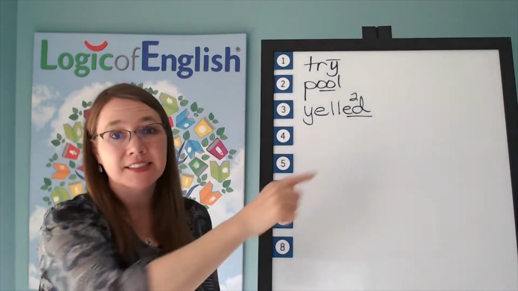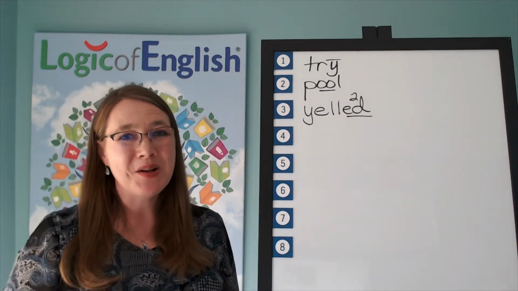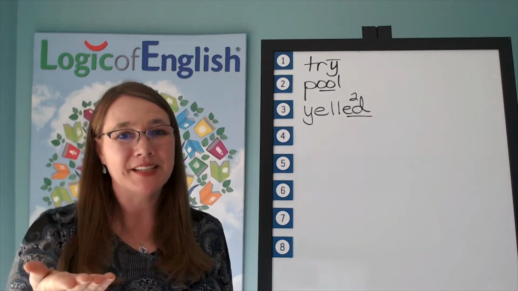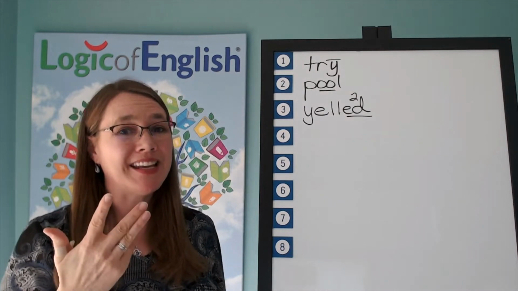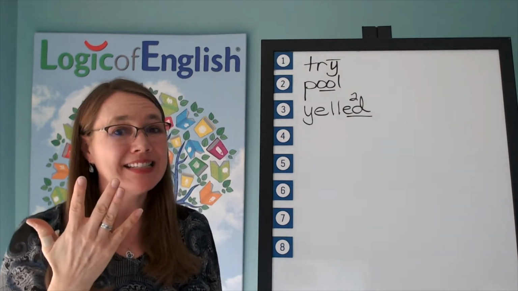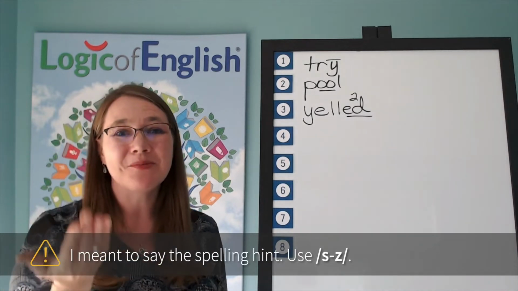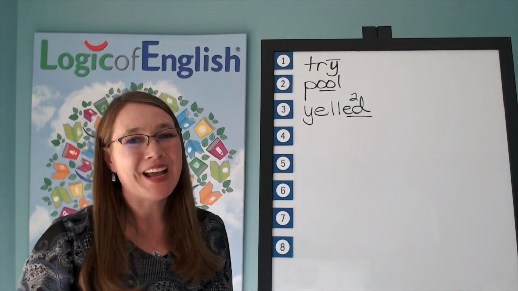Y-e-l-l-d, yelled. The next word is please. Please pass me the bread. Please. Go ahead and say please. Let's sound it out. P-l-e, use an e-a, z, silent final E. Go ahead and write please. Sound it out as you write it.